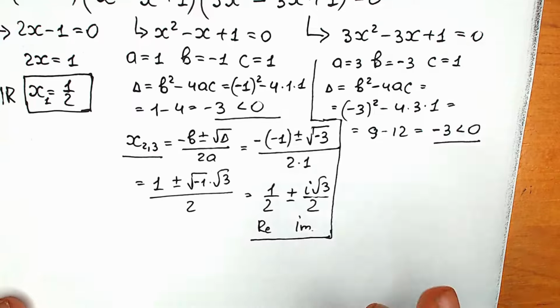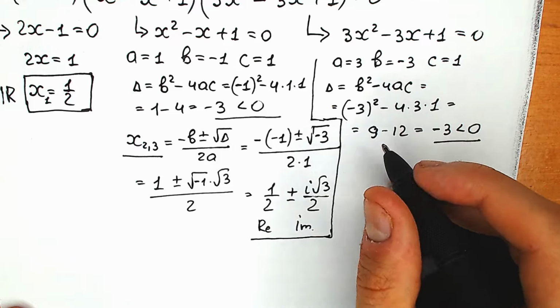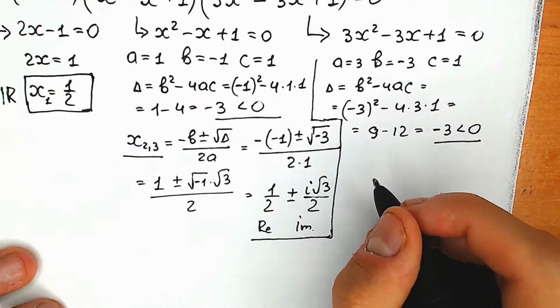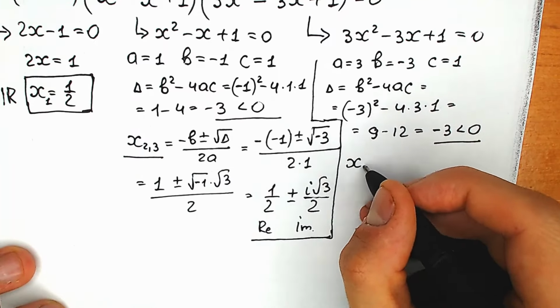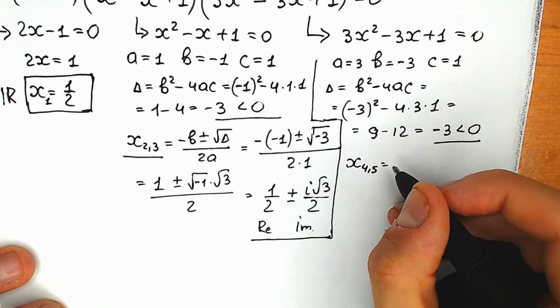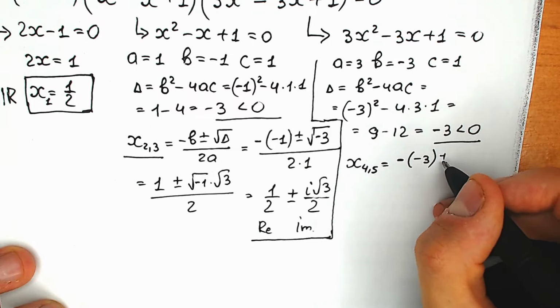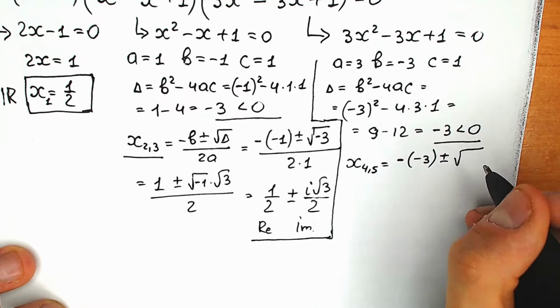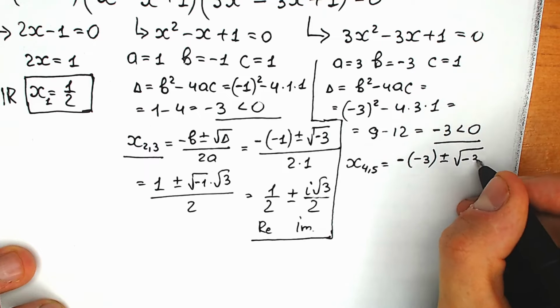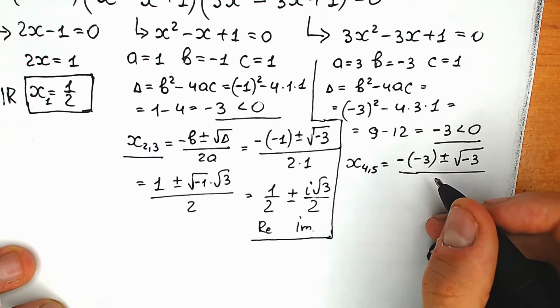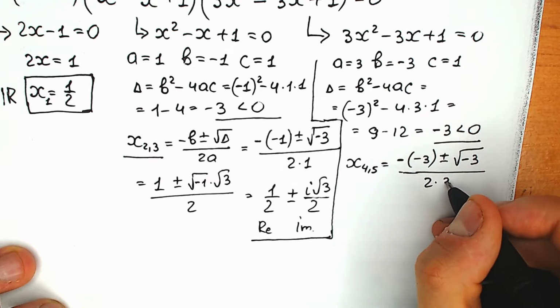So let's do it right now. Let's plug it into our known formula right here. So x second and third, we know this formula. So let's write it as x fourth and fifth, yeah? As a result, we have minus b, minus minus 3, plus minus square root of discriminant, square root of minus 3, and all over 2a, equal to 2 times 3.